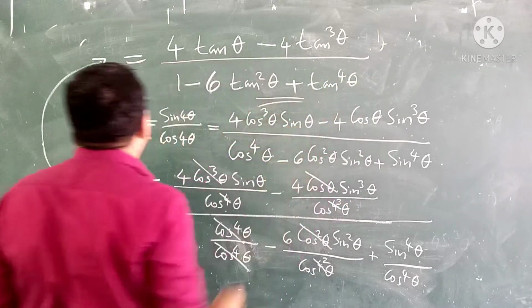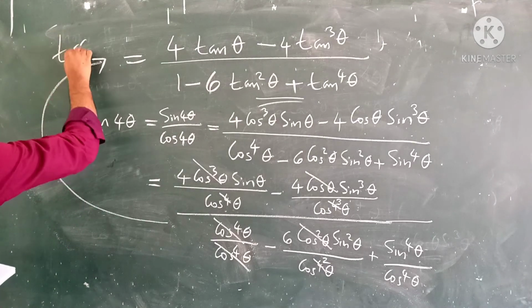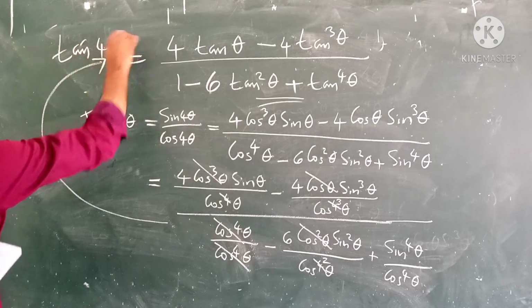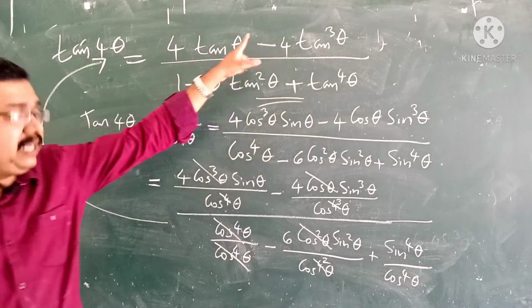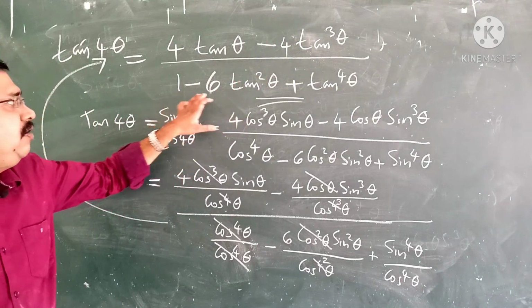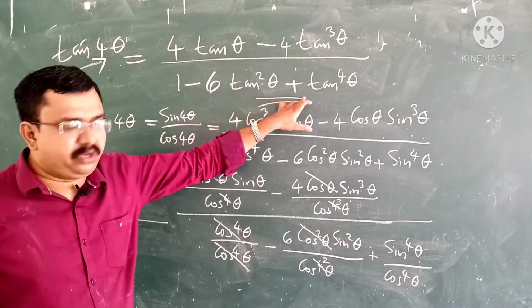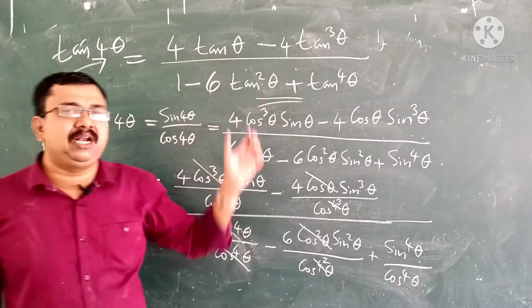Okay, this is our final answer. That is, we are finding the value of tan 4 theta. Remember that tan 4 theta is 4 tan theta minus 4 tan cube theta divided by 1 minus 6 tan square theta plus tan raised to 4 theta.